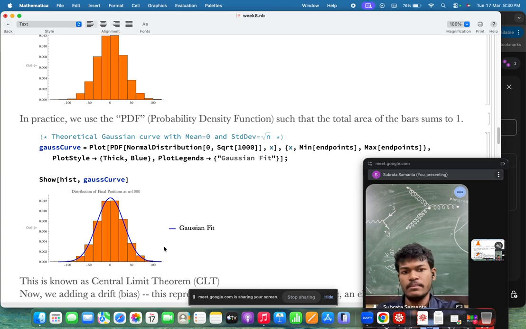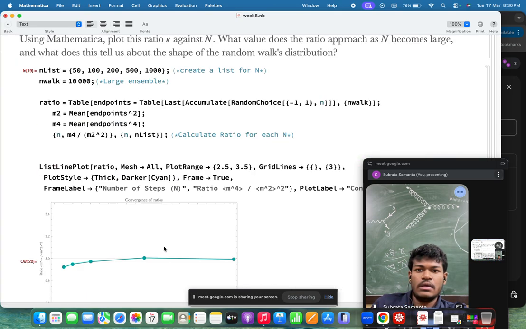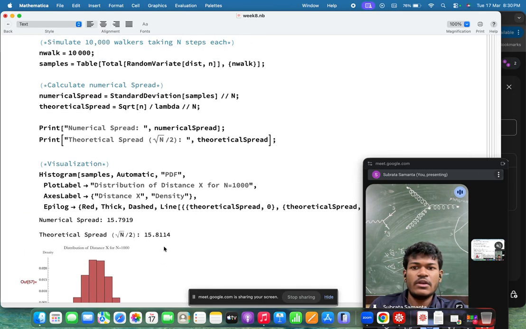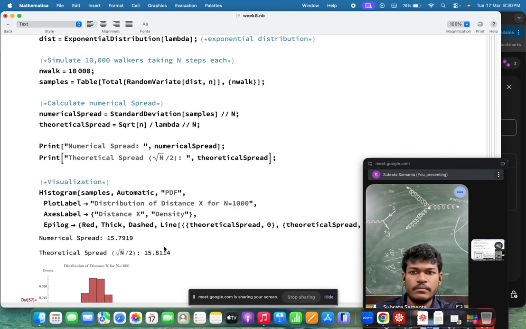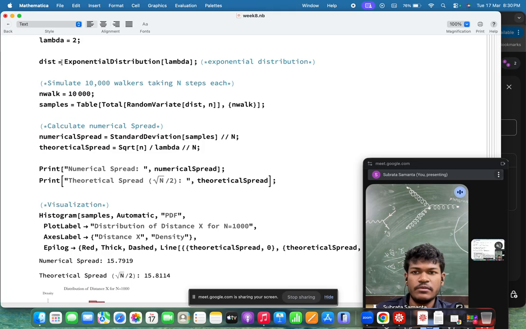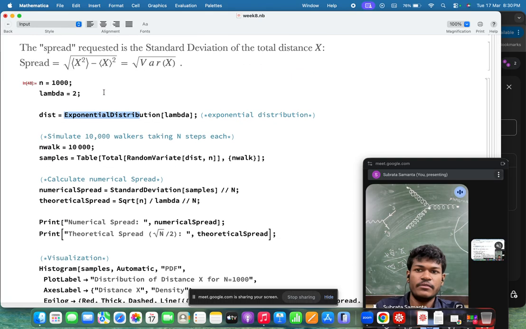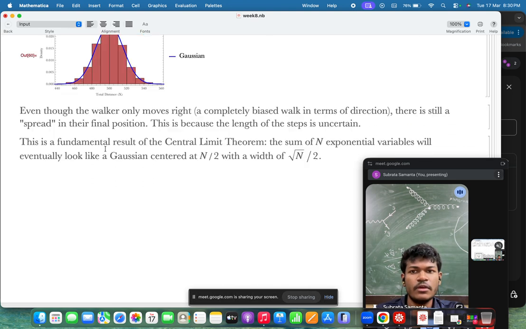In this case I start with the exponential distribution, draw numbers from these exponential distributions, calculate the endpoints, and make a table for these different samples. So I have 10,000 samples. This is also a Gaussian.